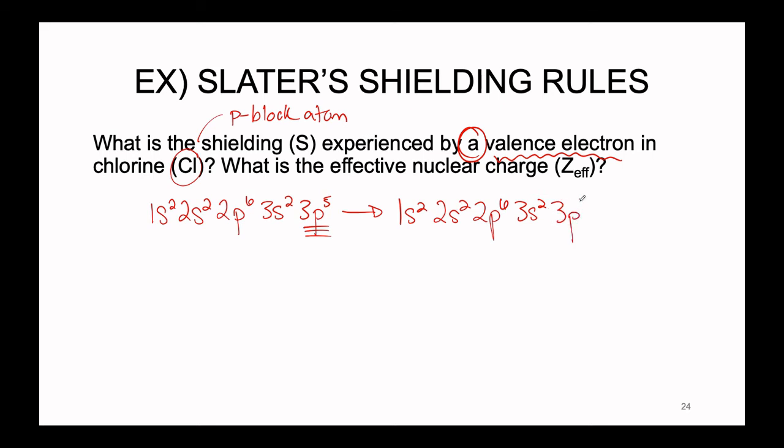The other 4 electrons are the ones that are adjacent to us. So this is us, we are here. The other 3p electrons are those that are adjacent to us in the subshell. We are one of them. The other 4 we're just setting aside, and they are going to contribute to the shielding factor S.